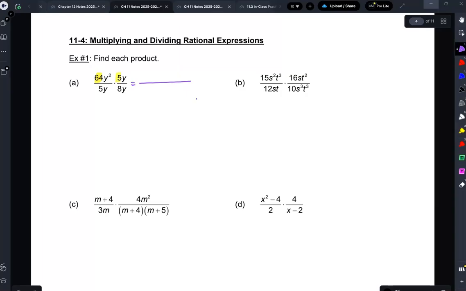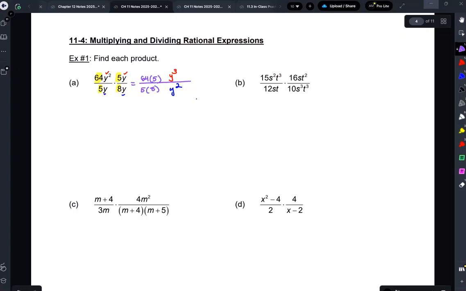I'm just going to write them here like this, 64 times 5. I'm not going to multiply it out. And then I have y squared times y. How many y's is that together? Y cubed. Here I have 5 times 8. I just write it like this. And then I have y times y squared.